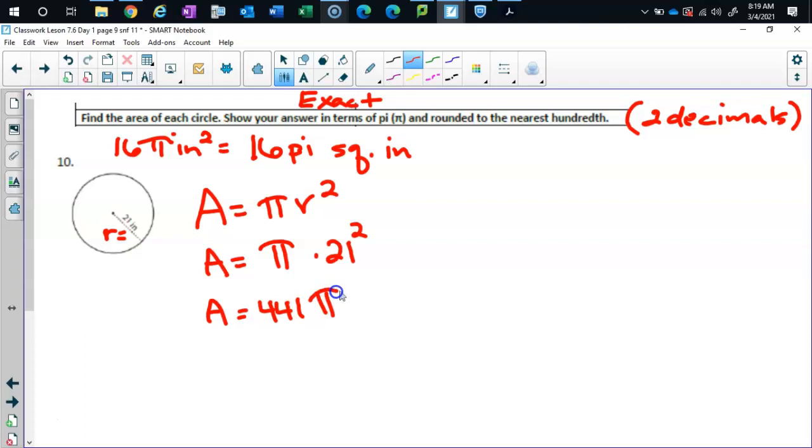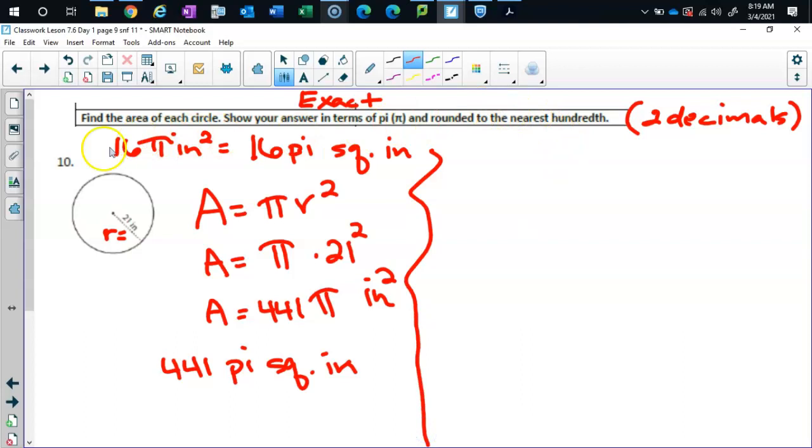You're going to leave pi as pi, and our label is going to be inches squared. So what you should have typed into the Edpuzzle was 441 pi, P-I, square inches.